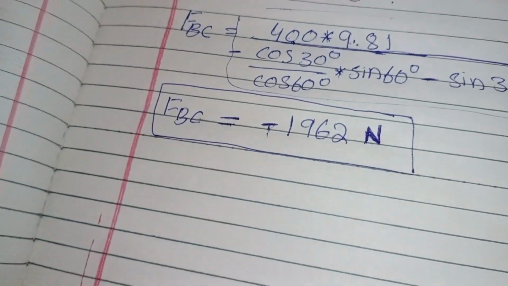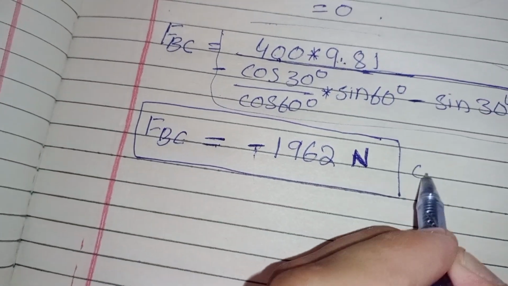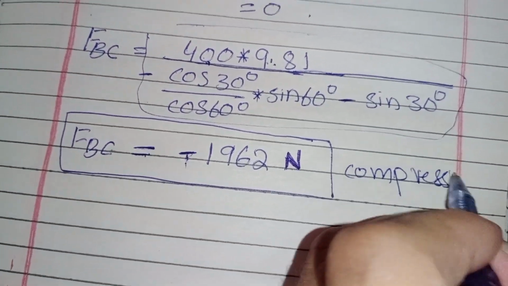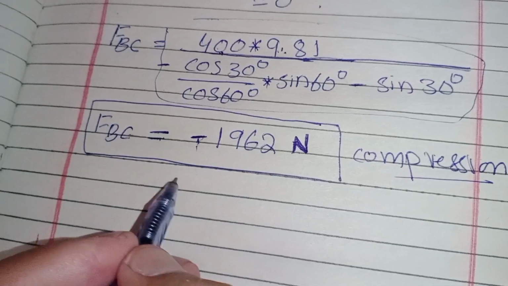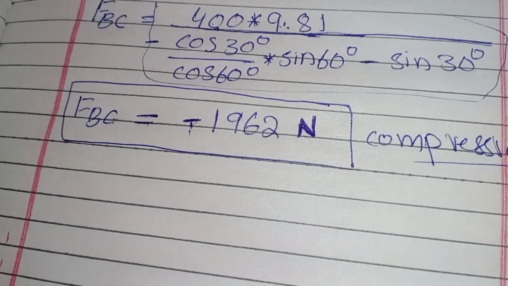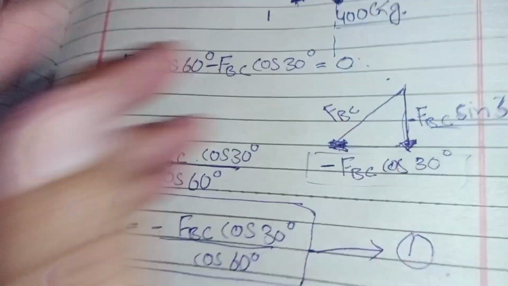It means that our assumption was wrong, and it is in compression. The force in member BC will be in compression.